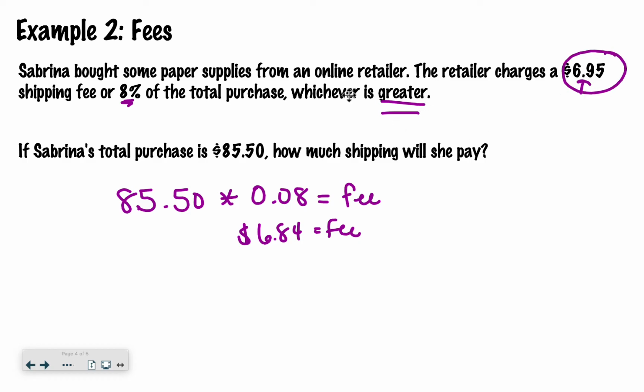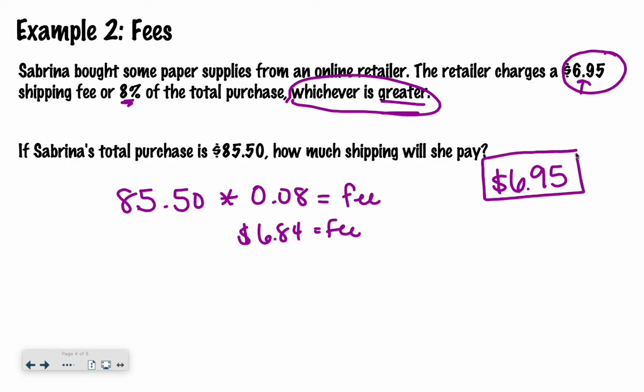And since the retailer is saying that whichever of those is more expensive is what she gets charged, we know that she's going to pay $6.95 in shipping. So I took the cost, multiplied it by the percentage fee, 8%, and I got $6.84. Then I compared the two amounts and picked the bigger.